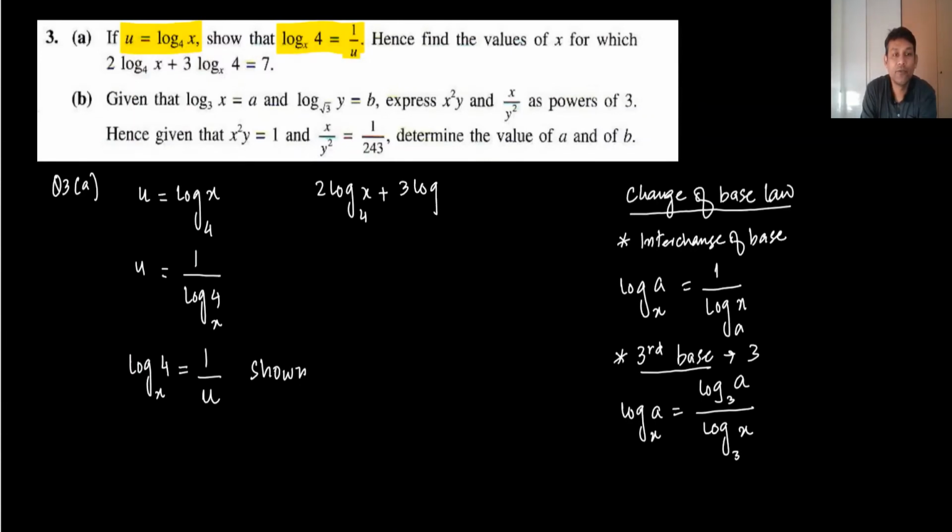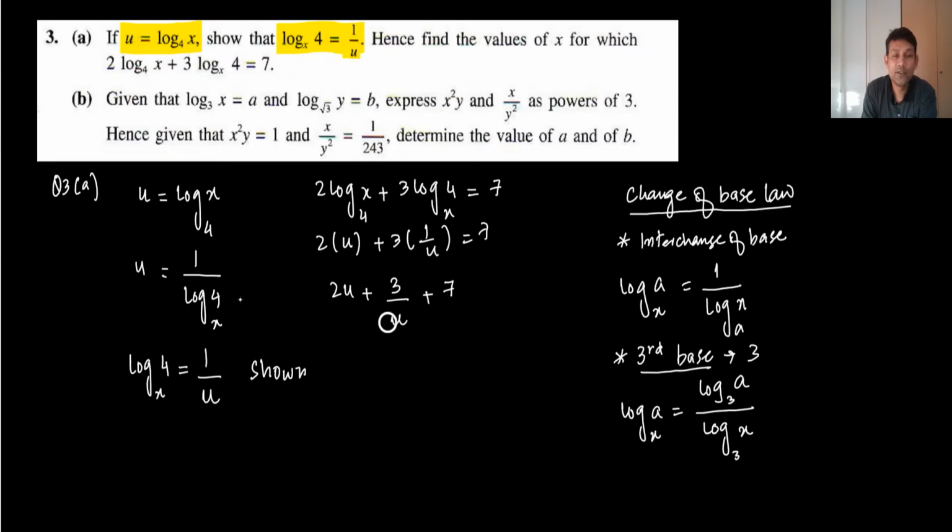This type of question is a frequent question in O levels, admissions, past papers, and exams. So 2 log 4 x here is u, plus 3 log x 4 is 1 upon u. And I think we have a quadratic equation when you take the LCM.